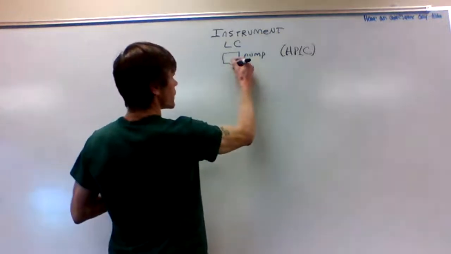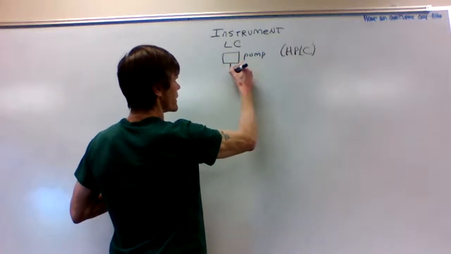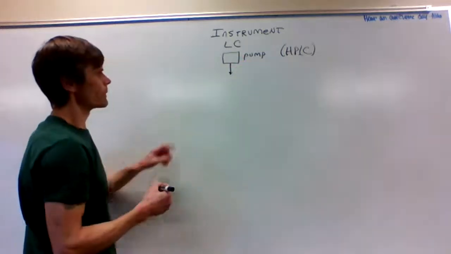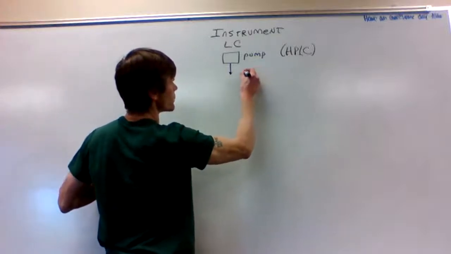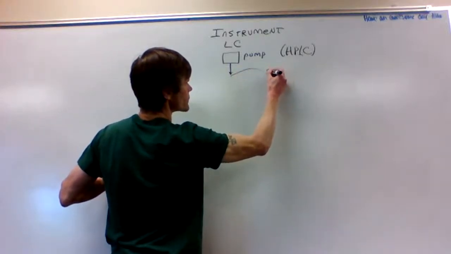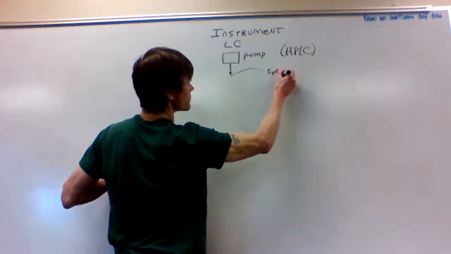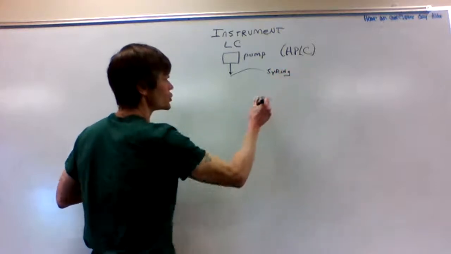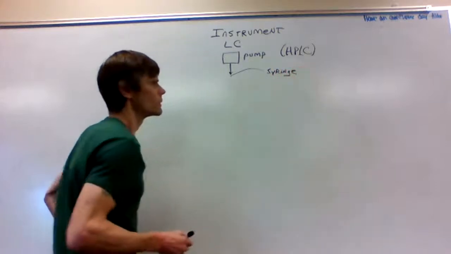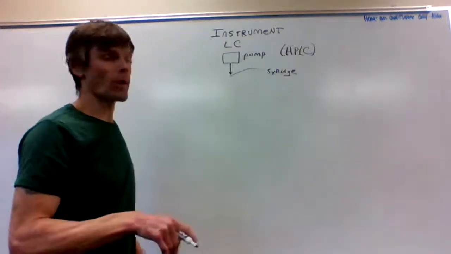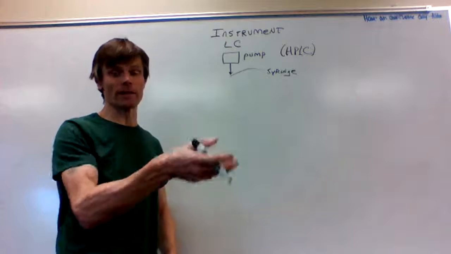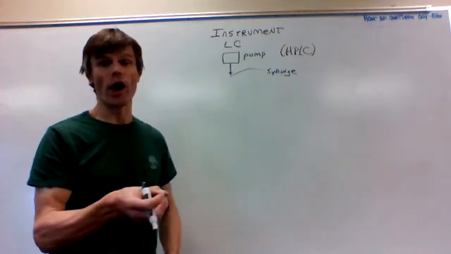Now, this arrow shows us that we're having a flow of liquid from our pump, and we would also have to introduce our sample. This is often accomplished by using a syringe, or sometimes some type of flow loop, or we have a nice one in the instrumental lab, an auto sampler.